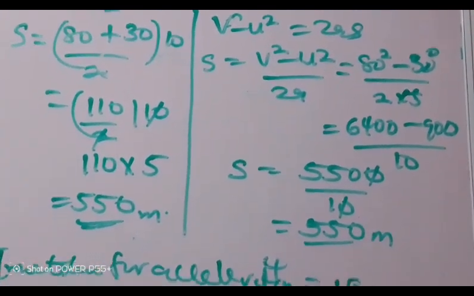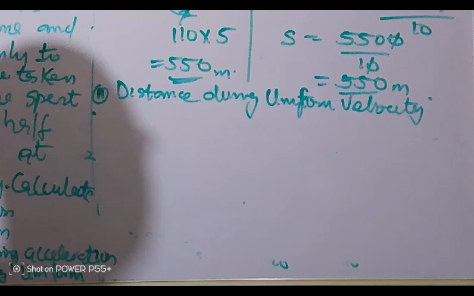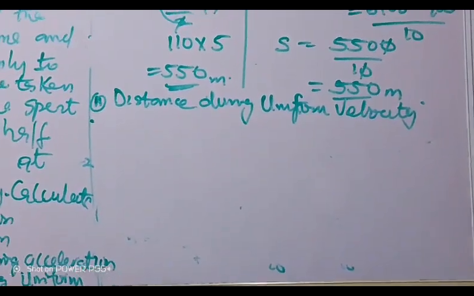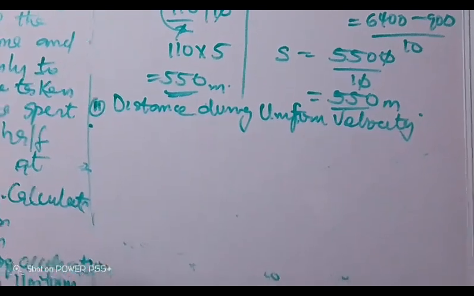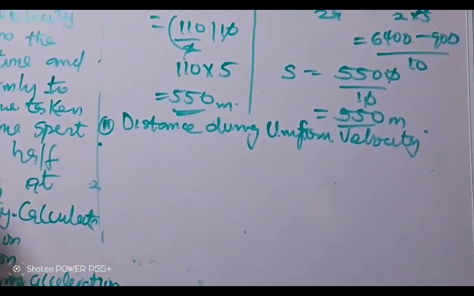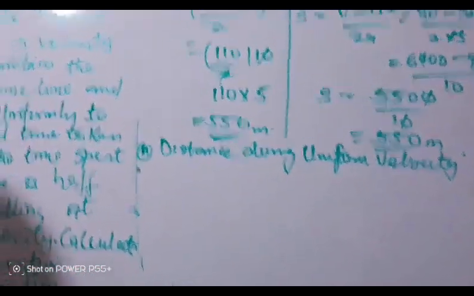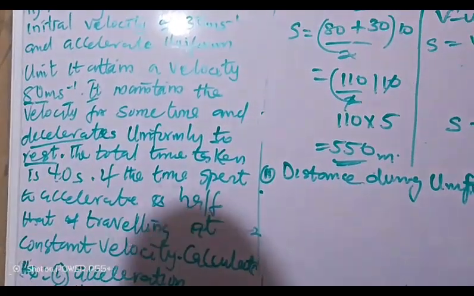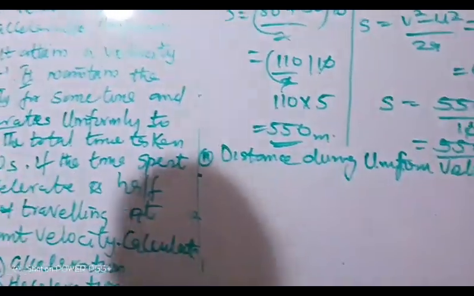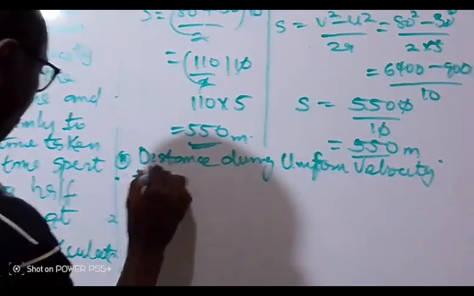Now, the next one is distance during uniform velocity. During uniform velocity, let's write out the parameters. According to the question, it maintains this velocity, that is 80 meters per second, for some time. Already we know the time for uniform velocity. Our time is equal to 20 seconds.